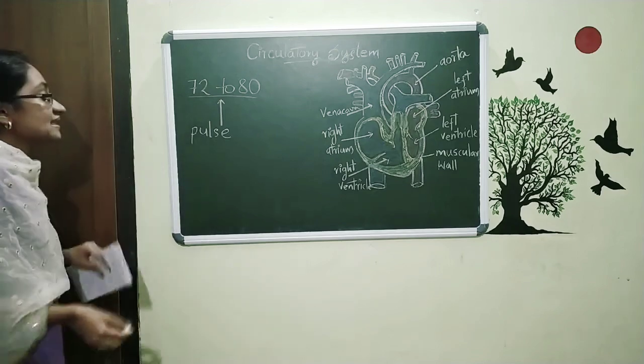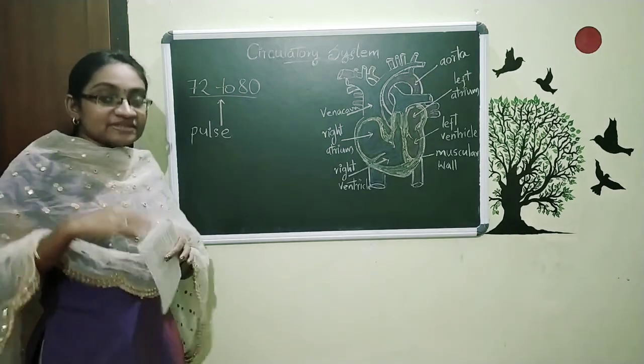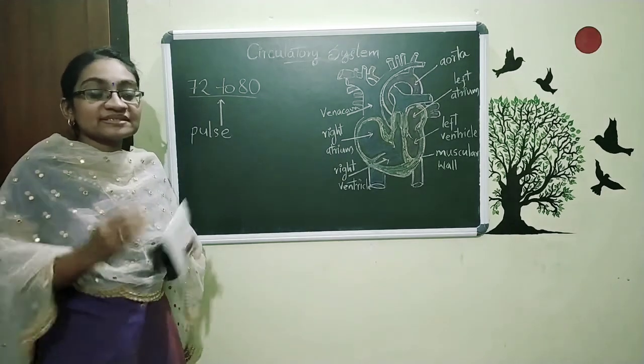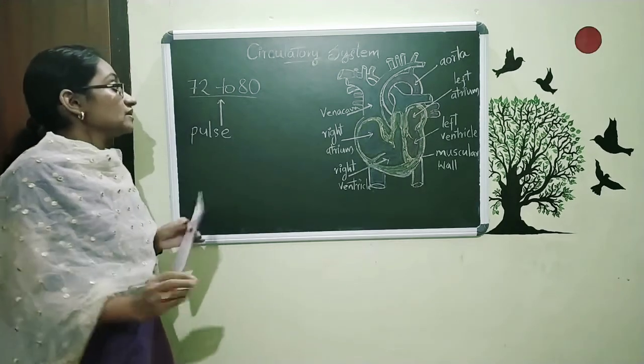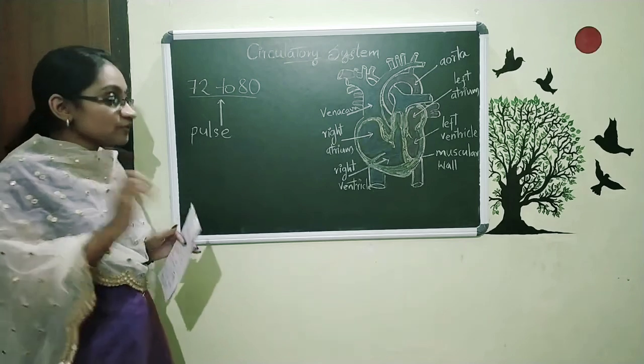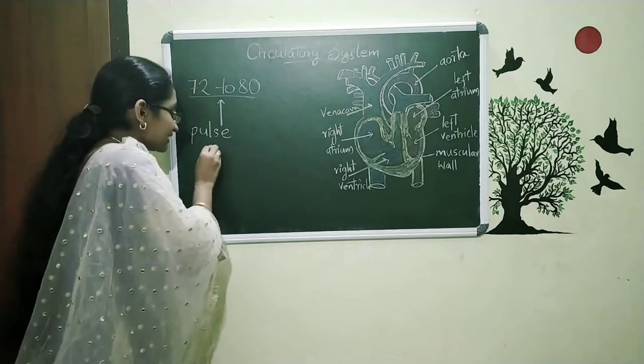The other thing is that in the activity I also instructed you to run and after that measure the pulse. When you run, you can see that your pulse rate is getting increased.